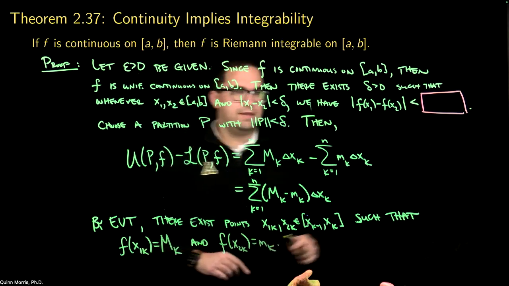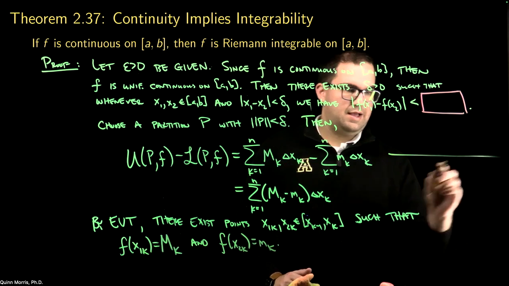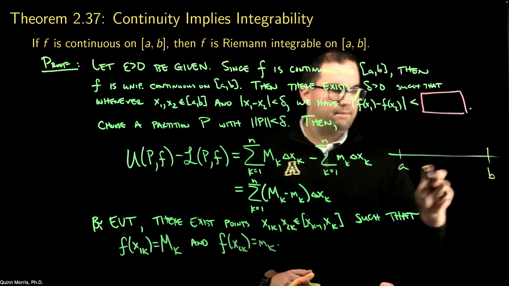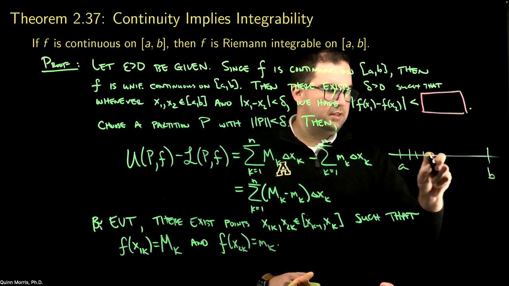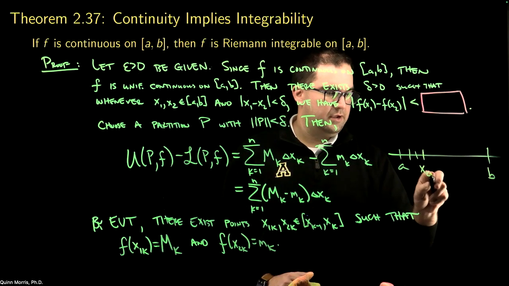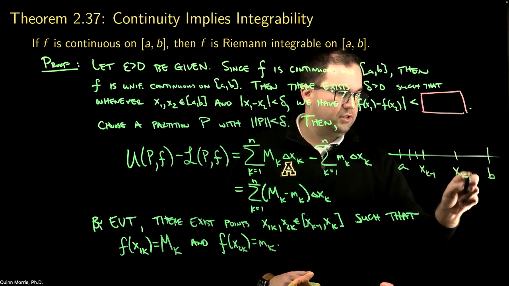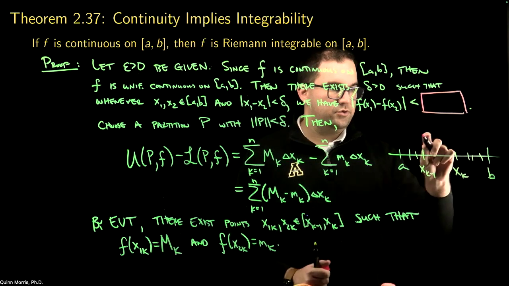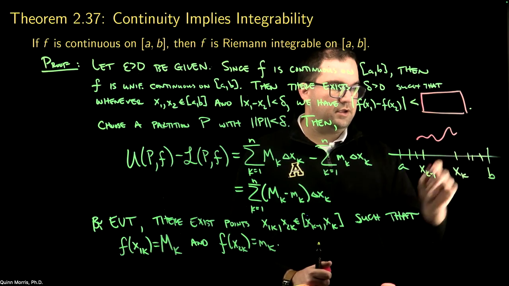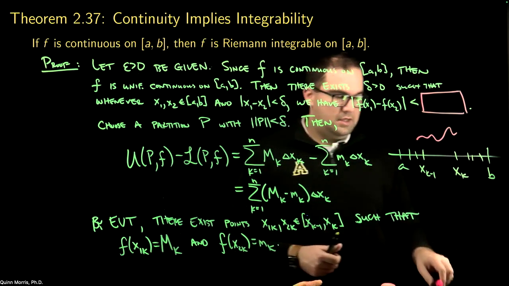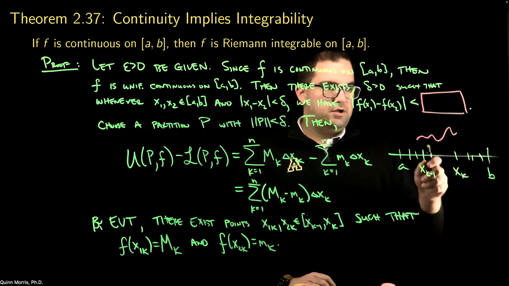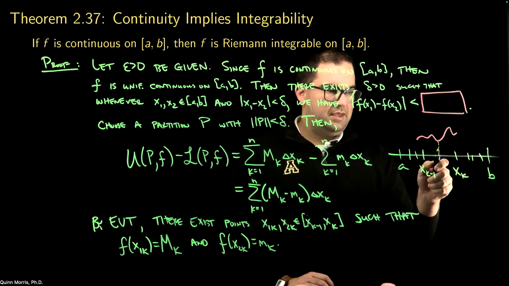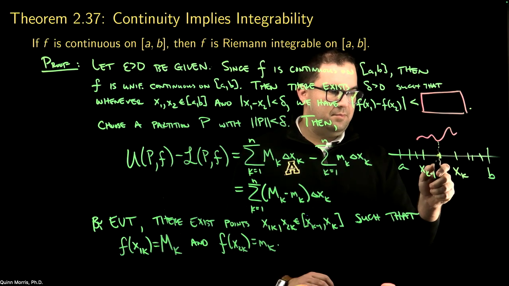So what I'm doing is, I have this partition of AB, and I have all these points, but let's imagine we zoom in to one particular little subinterval, and my function is doing whatever it does up here. If I'm going to construct the lower sum here, because this is continuous, there's going to be a value where I achieve my minimum.